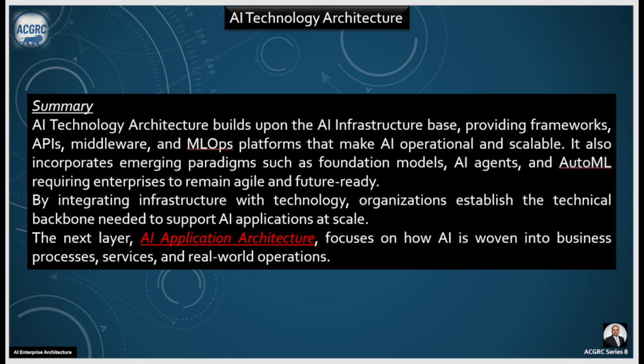It also incorporates emerging paradigms such as foundation models, AI agents, and AutoML, requiring enterprises to remain agile and future ready. By integrating infrastructure with technology, organizations establish the technical backbone needed to support AI applications at scale.